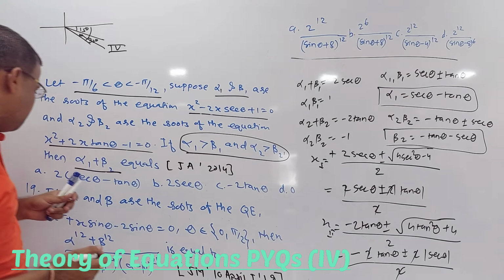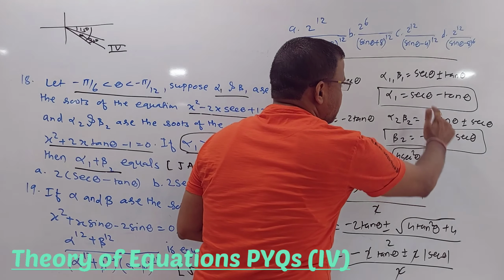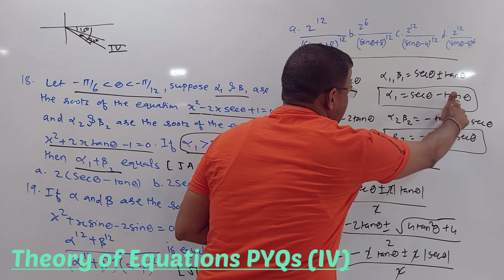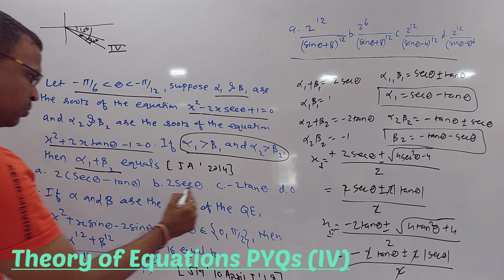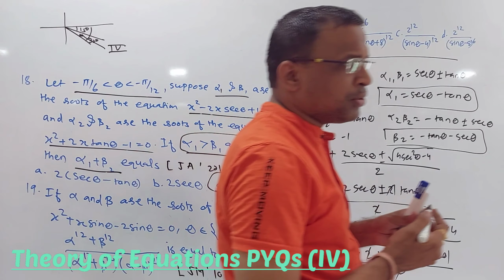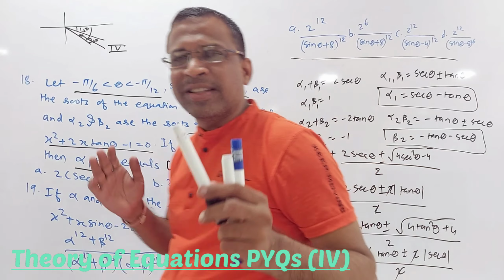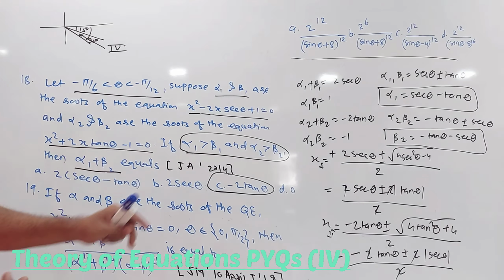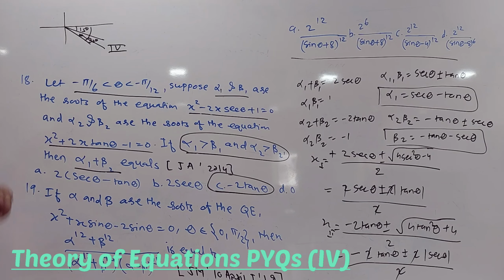I want alpha 1 plus beta 2. So sec theta minus sec theta get cancelled, minus tan theta minus tan theta, so minus 2 tan theta. Fine. It's not an advanced level question because nothing great has been done. The only thing is this smaller-bigger thing we worked out a little; otherwise it's a very simple question.